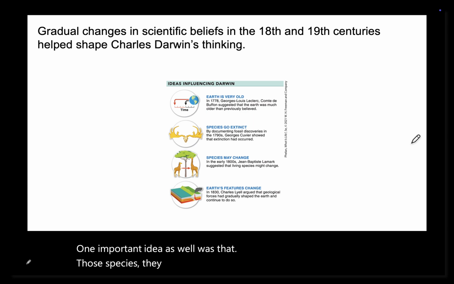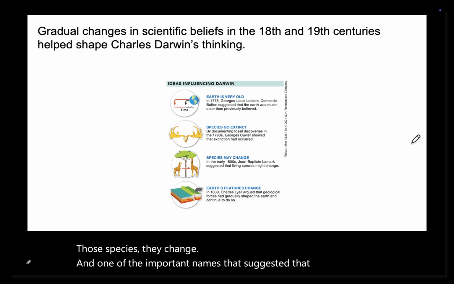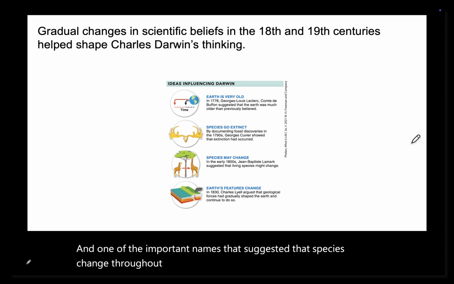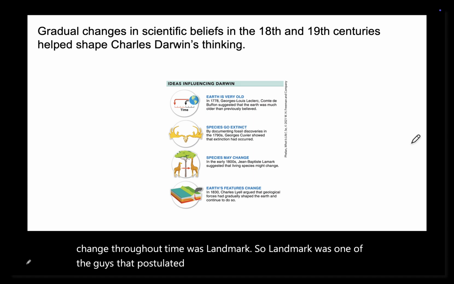And one of the important names that suggested that species change throughout time was Lamarck. So Lamarck was one of the guys that postulated that species change from one generation to the other.